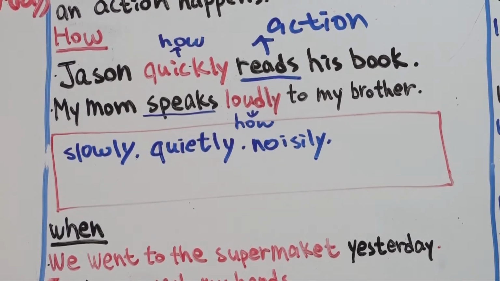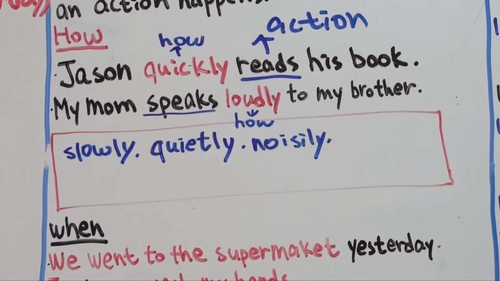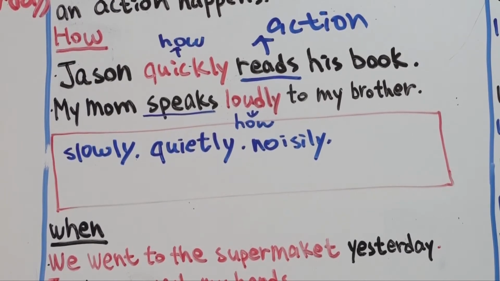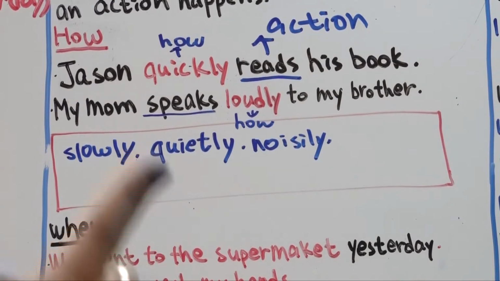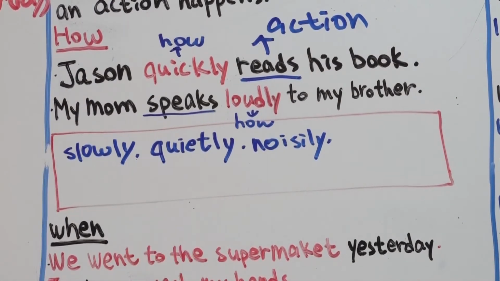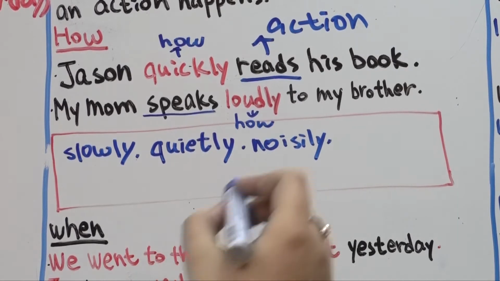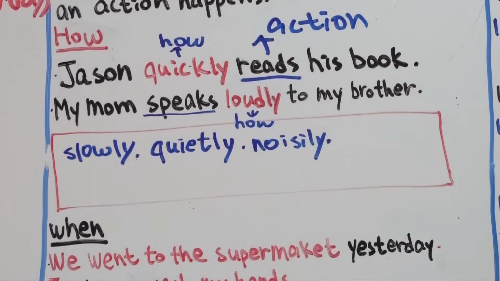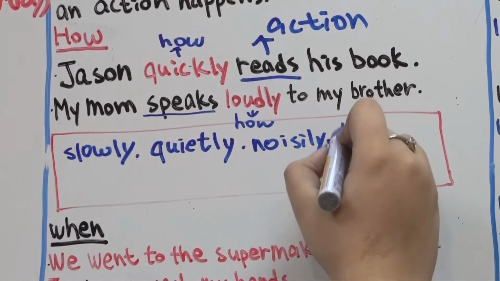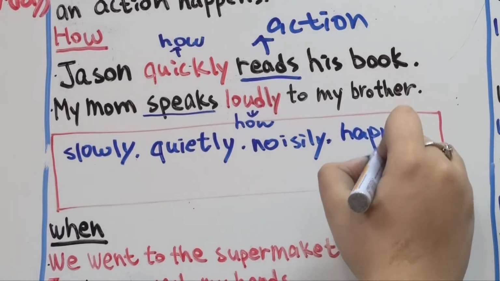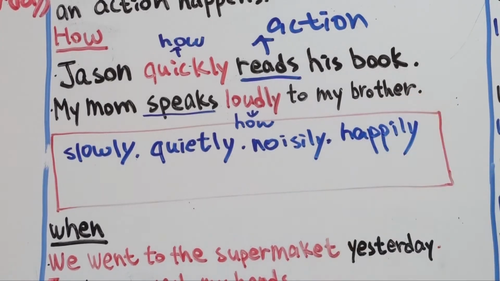Is there any other adjective you can think of? When somebody's very happy, happy is an adjective. She celebrates her birthday happily. Happily can also be one of the adverbs. Happily. All right?